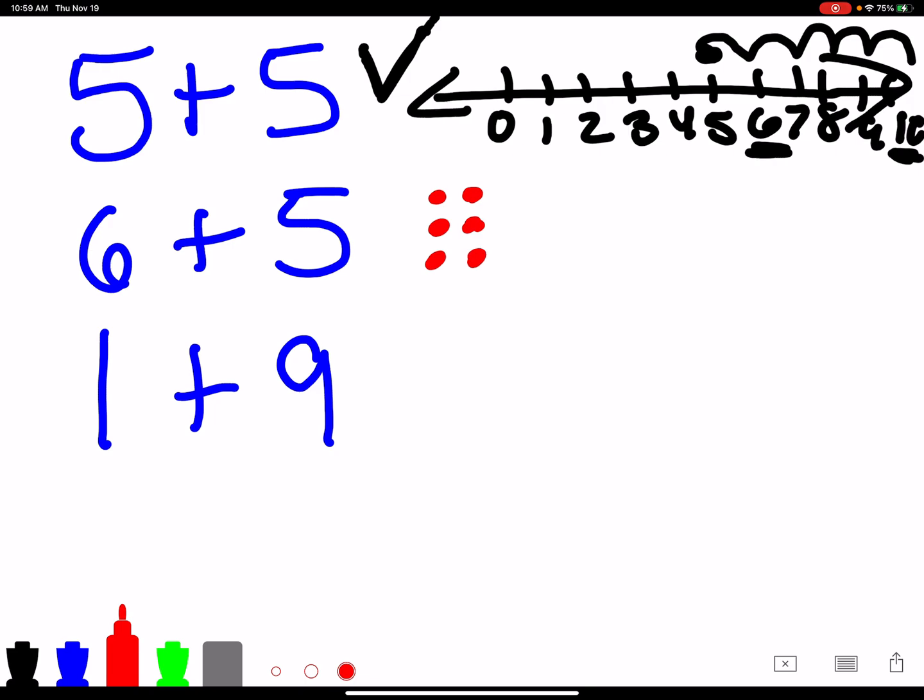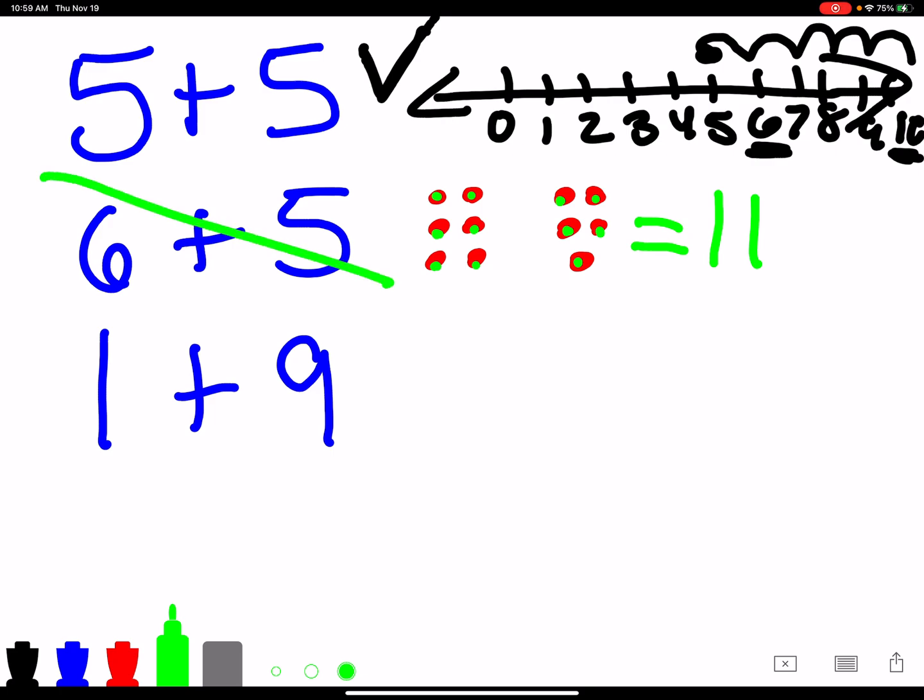And then for the next addend, we have 1, 2, 3, 4, and 5. So let's count out the total dots we have in this addition equation. We have 1, 2, 3, 4, 5, 6, 7, 8, 9, 10, 11. We have 11. Now, does 11 equal 10? No.